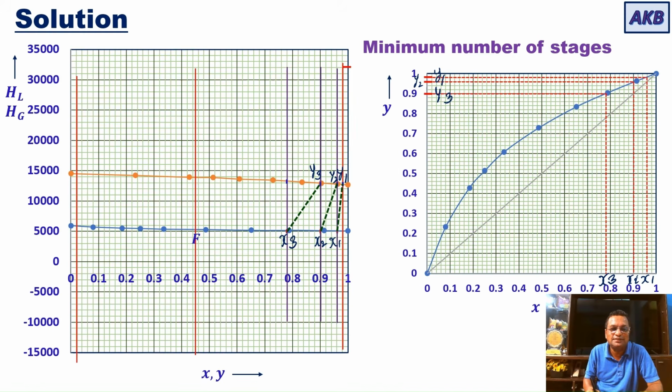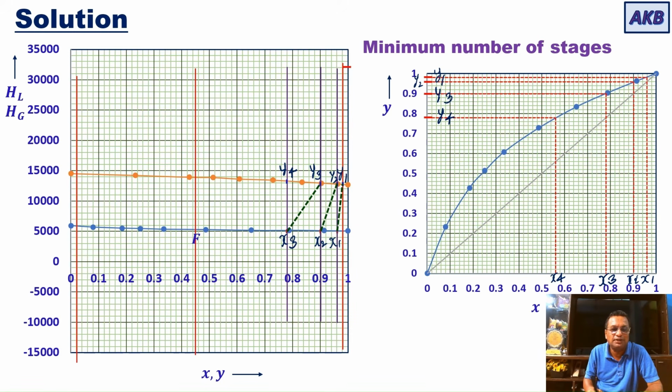You will get this point, that is y4, which in this case is 0.78. So come back to the distribution diagram, locate y4, go to the equilibrium curve, get the corresponding value of x4, which in this case is 0.56.